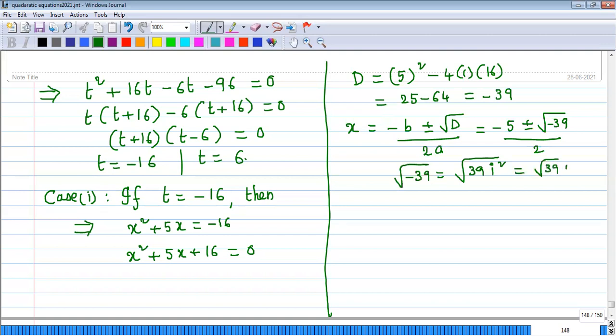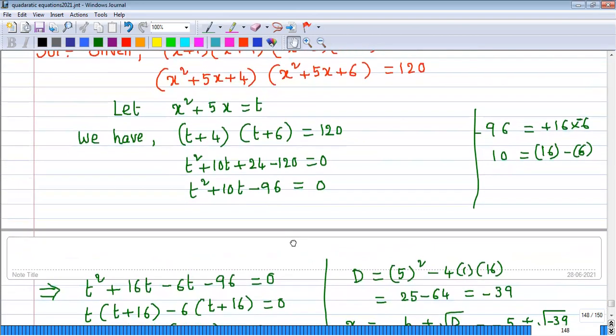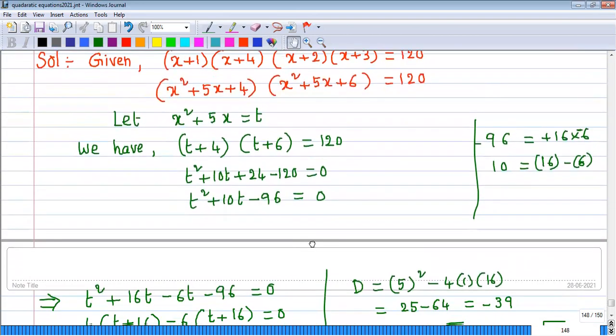Root 39i we can write. So therefore here x is equal to minus 5 plus or minus root 39i upon 2. So we get the imaginary roots. And next, one more case we need to consider.